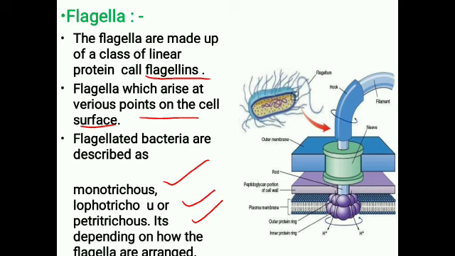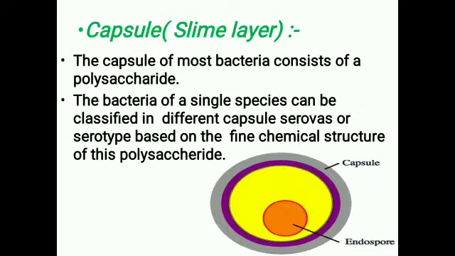Monotrichous means a single flagellum is present. Lophotrichous means a bunch of flagella is present at a single side of the bacteria. Peritrichous means the flagella are surrounded all over the body of the bacterial cell. So this is about the types of flagella.